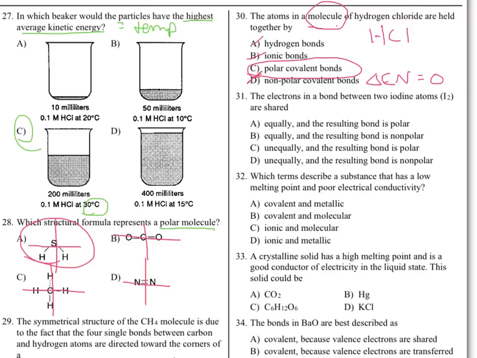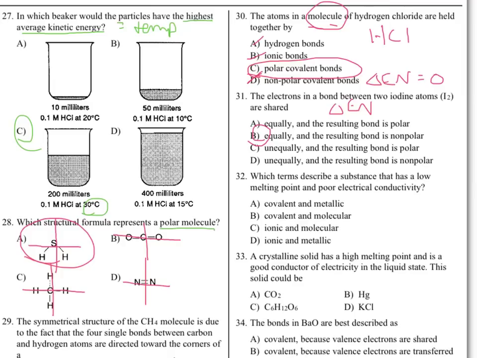Question 31 asks about electrons in a bond shared between 2 iodine atoms. So iodine is bonded to itself, so its electronegativity difference would be 0. And since its electronegativity difference would be 0, we would have a nonpolar covalent bond. When we have a nonpolar covalent bond, electrons are shared equally because both atoms have equal strength for attracting electrons.